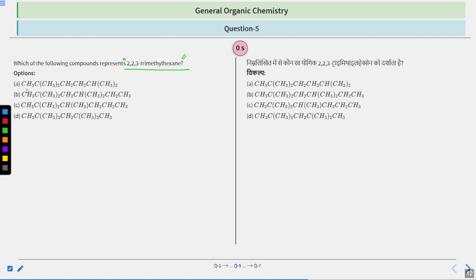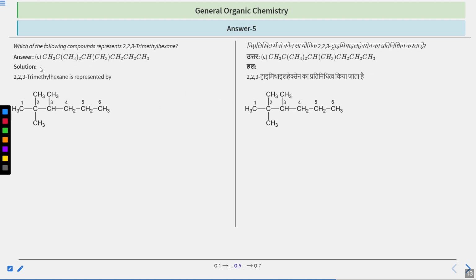Okay. Let's see. The correct answer is option C, that is CH3C(CH3)2CH(CH3)CH2CH2CH3. Right? So if you write the 2,2,3-trimethylhexane formula, it will be represented by this structure. Basically, we have been given hexane. That means in our parent chain, 6 carbon atoms should be present. So we just write carbons.